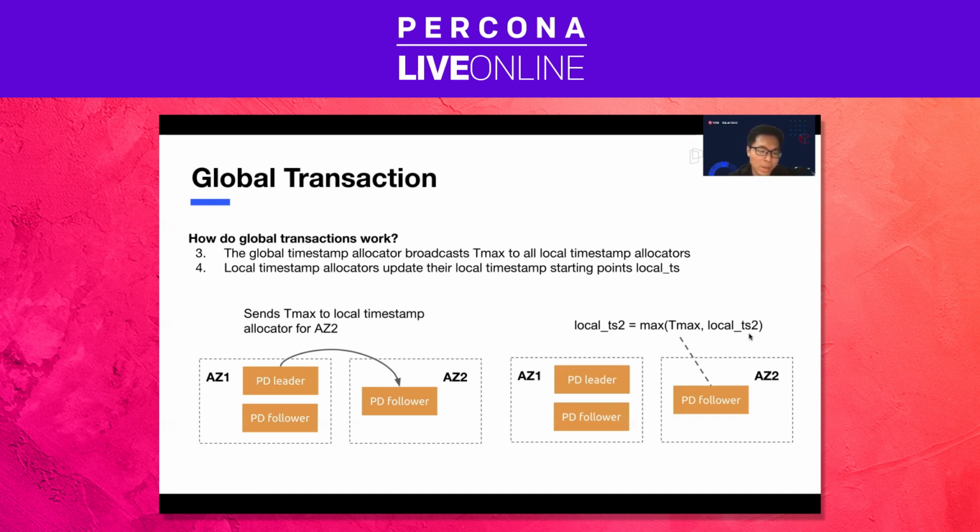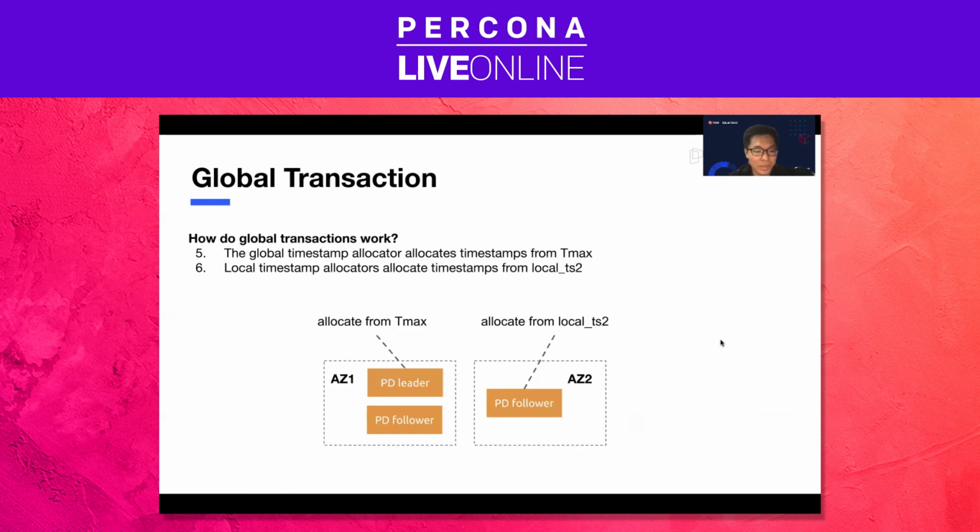You may wonder, why do we need to compare them again? Because the local TS here might be higher than the original one, since the local timestamp allocator continues allocating timestamps, the start point has increased.